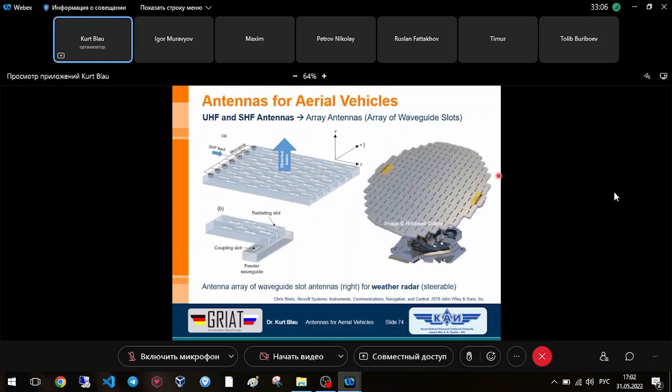These are also the single waveguides, every waveguide with the slots you can see here. The slots are left, right, left, right, left, right, and the antenna is designed in such a way that the shape more or less follows a circle.